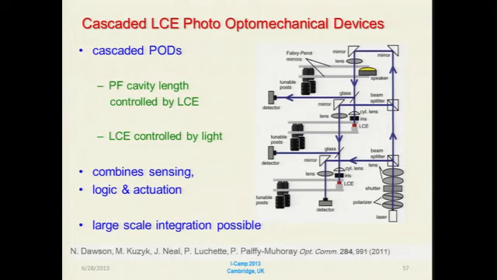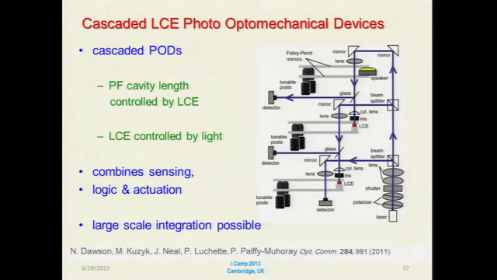That light falls on a small piece of elastomer, which will respond to the light, and that will change the length and resonance of this cavity, and then light going through that cavity is going to in turn affect the length of this cavity. So there's this complicated feedback system.